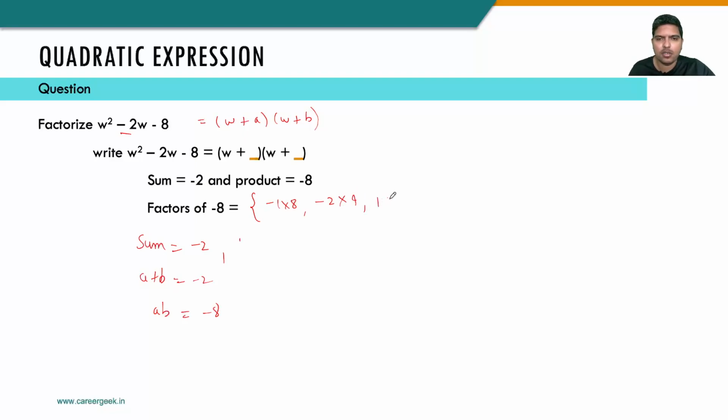Take the other way around: 1 multiplied by -8, 2 multiplied by -4. So take the sum and see. 7, -2 plus 4 is 2, -7 and -2. So this is the correct combination, which is 2 and -4.